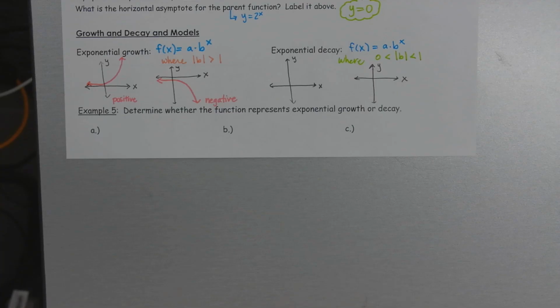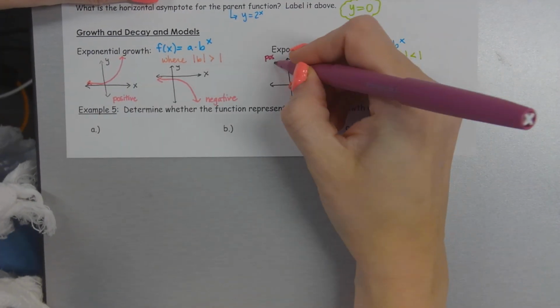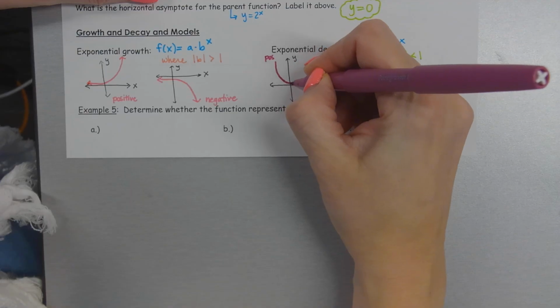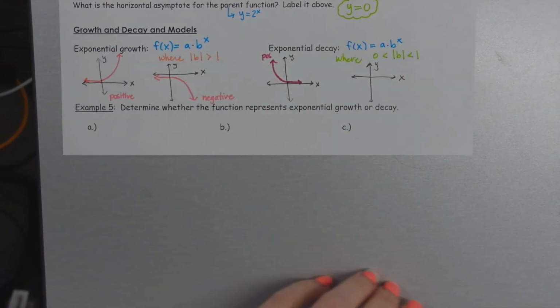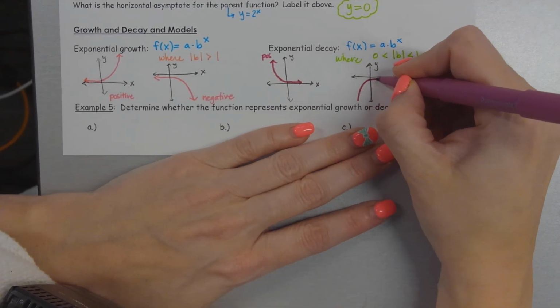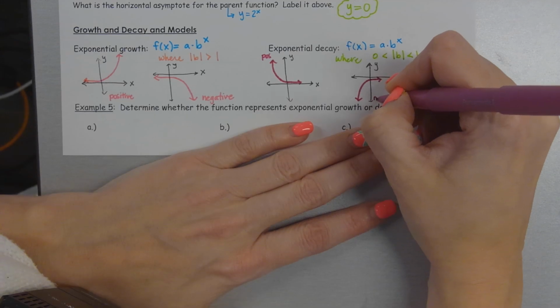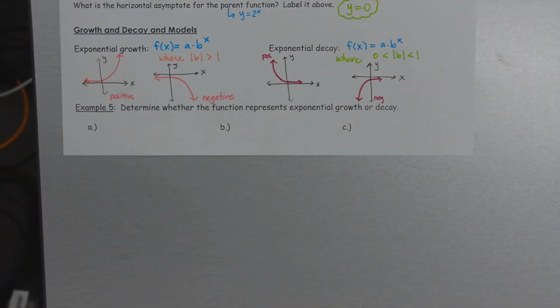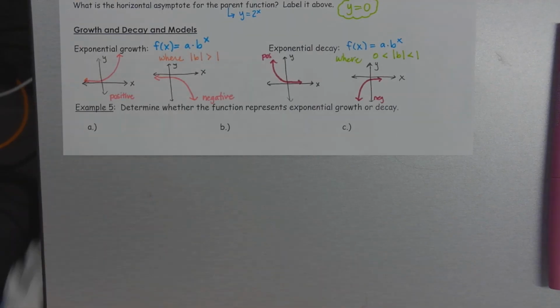Okay, so you could start with a positive value and get closer and closer to 0. Or you can start with a negative value and approach 0. Okay, so a few different forms of growth, a few different forms of decay.